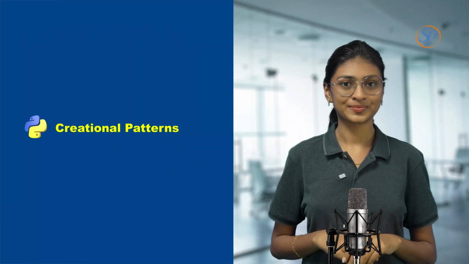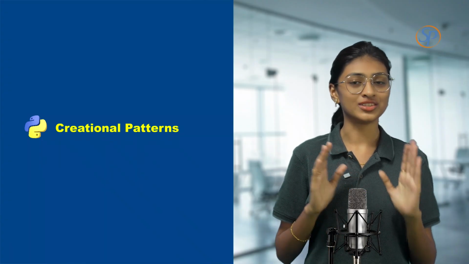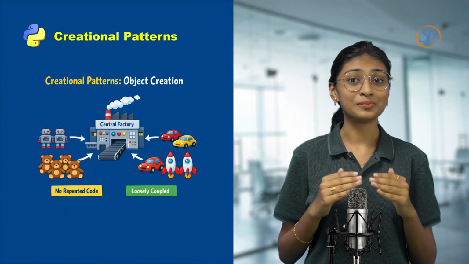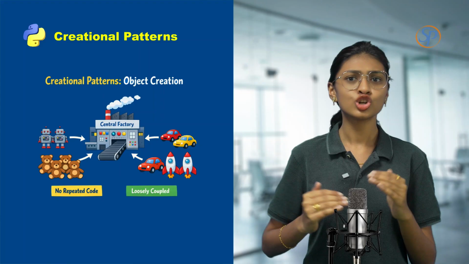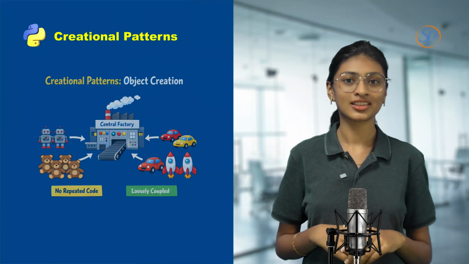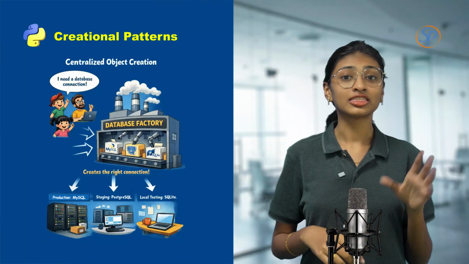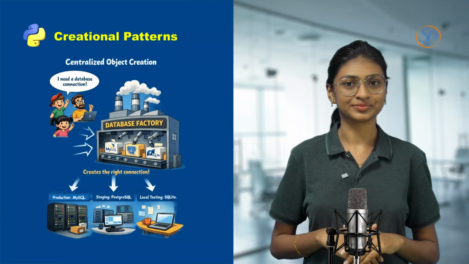Creational patterns. Creational patterns focus on how objects are created. The main idea here is simple. Object creation should not create tight coupling or repeated logic. Factory pattern. The factory pattern centralizes object creation.